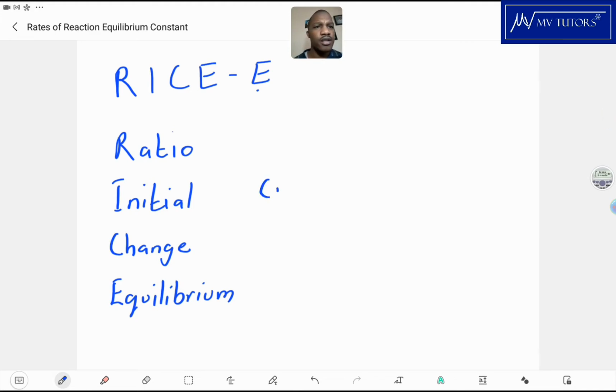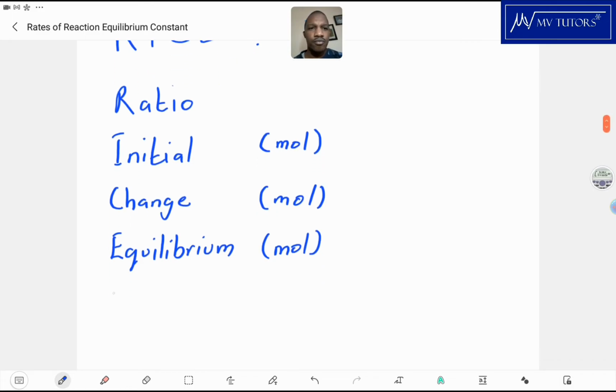This one is in moles. The change is also in moles, and the equilibrium is also in moles. Now that last E also stands for equilibrium, but the unit is different.